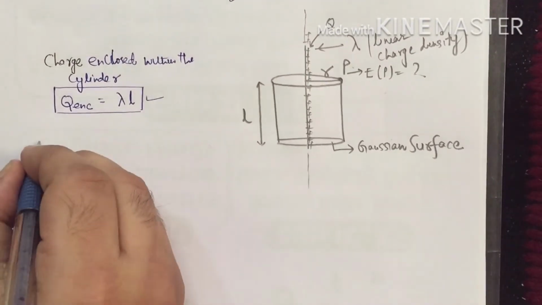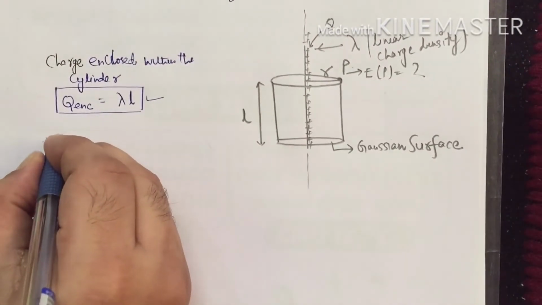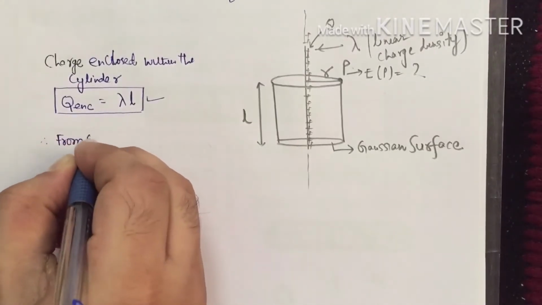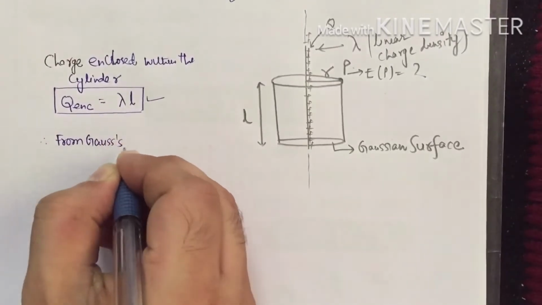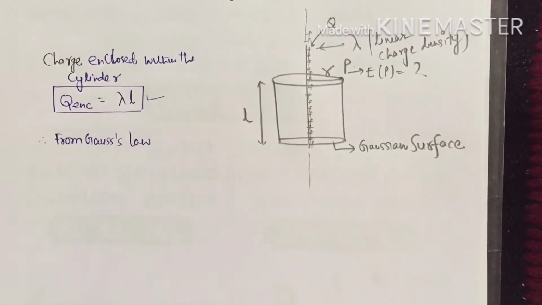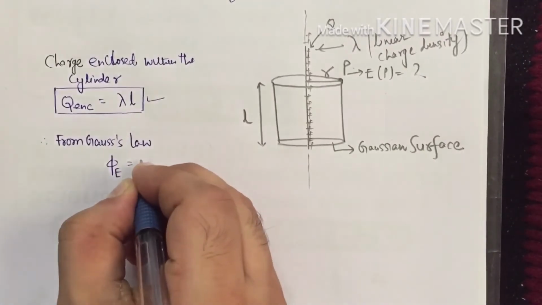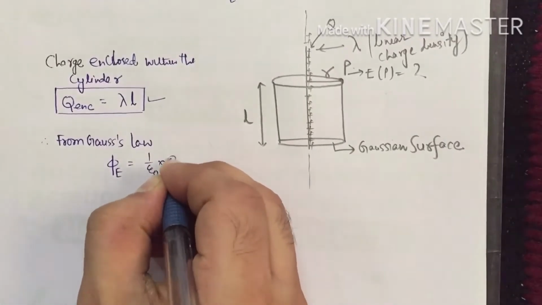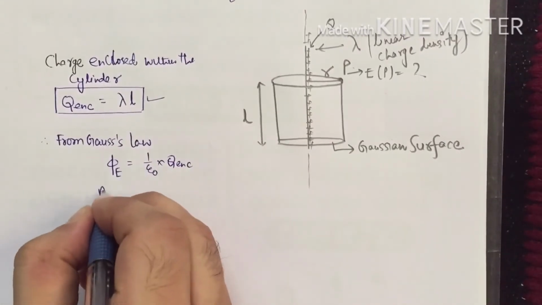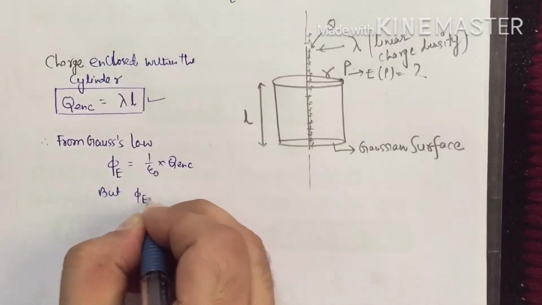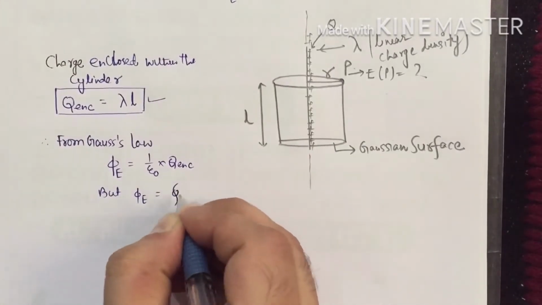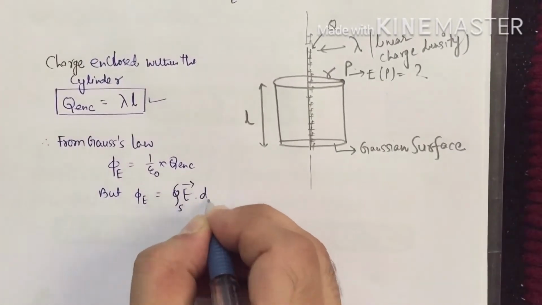What is Gauss law? So from Gauss law we have, the flux through a closed surface is 1 by epsilon naught times the total charge enclosed, but what is phi of E is closed surface integral of E dot dA.